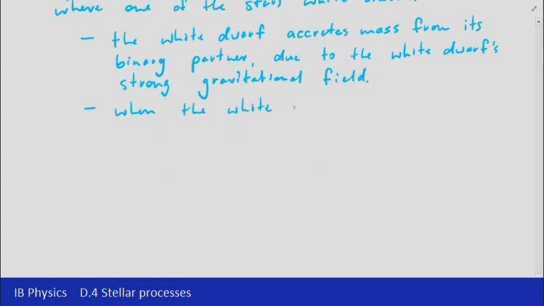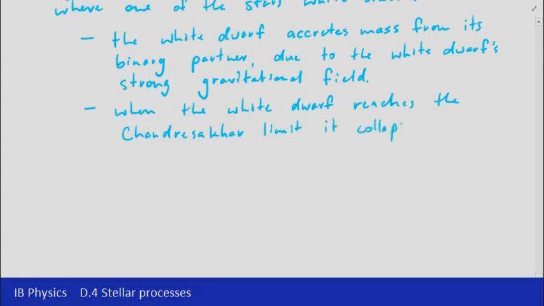So when the white dwarf reaches the Chandrasekhar limit, and if you recall, the Chandrasekhar limit is 1.4 solar masses, so when the white dwarf gets to 1.4 times the mass of the Sun, it's going to collapse under its own gravity.